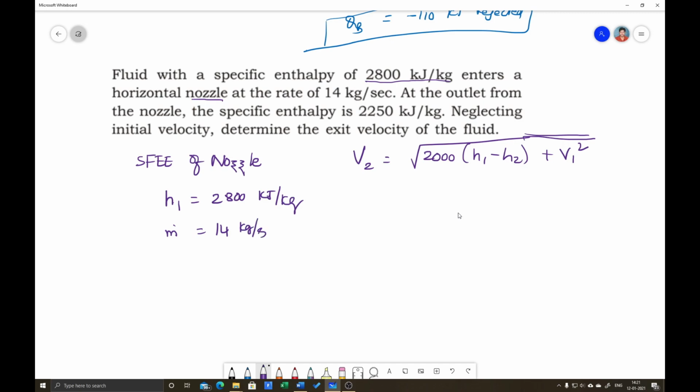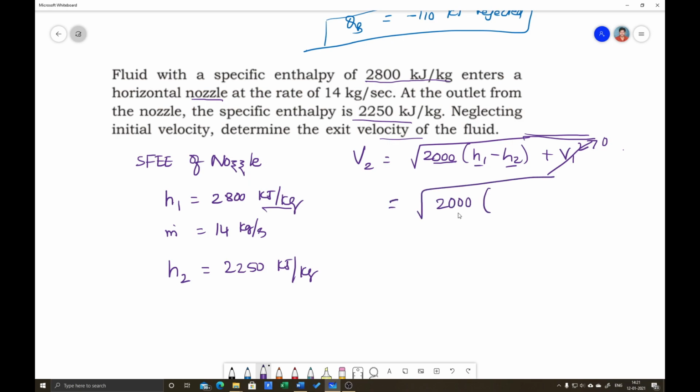At the outlet from the nozzle, the specific enthalpy at the exit is 2250 kilojoule per kg. Neglecting initial velocity, so you can neglect this. Determine the exit velocity. So you have to remember one thing: here you have 2000, which means H should be substituted in kilojoule per kg.